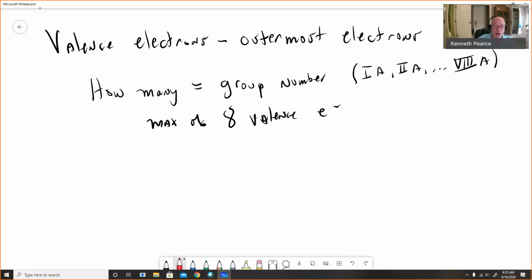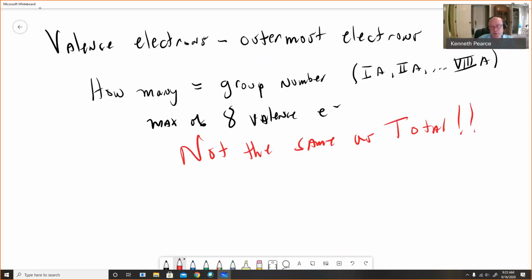And it is not the same as the total. Do not be that person that says, oh yeah, chlorine, it has element number 17, it must have 17 valence electrons. No. The valence electrons are the outermost electrons.